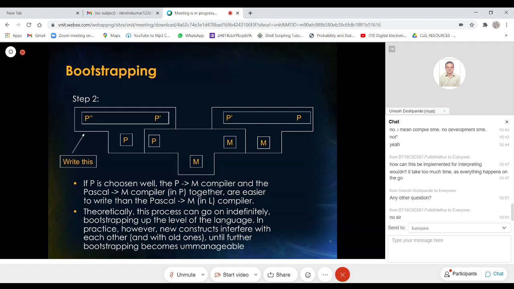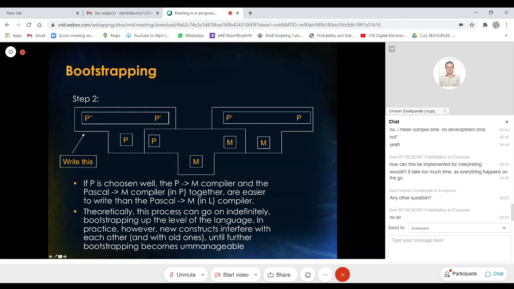And now we want to support this high level language, let's say Pascal itself, with a translator for this new processor M dash. So how do we build this translator into M dash is the question that we would be asking.